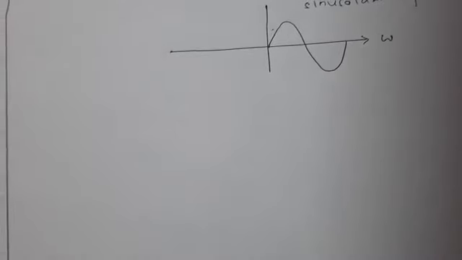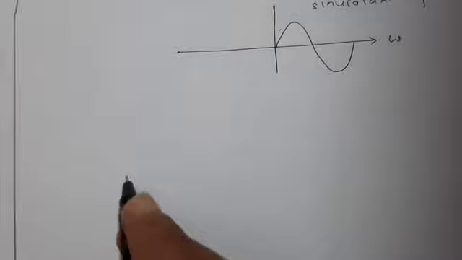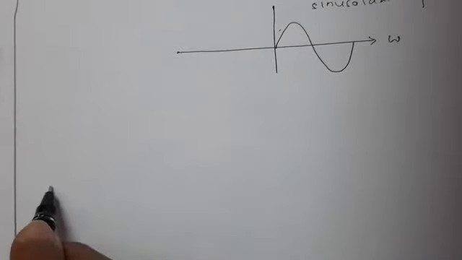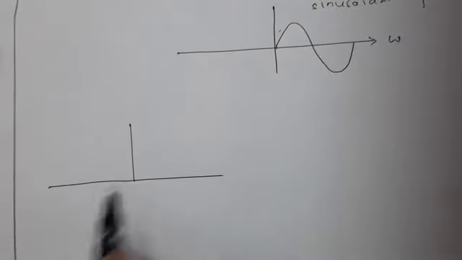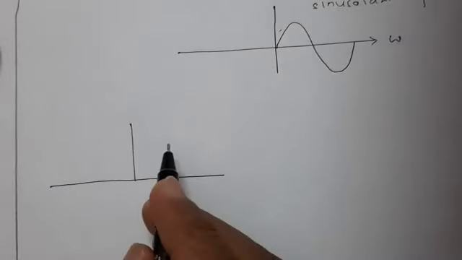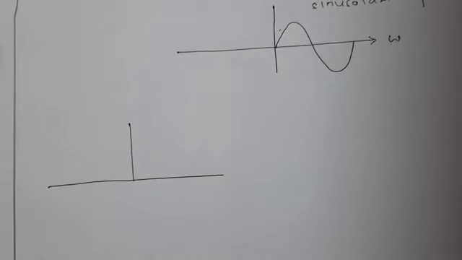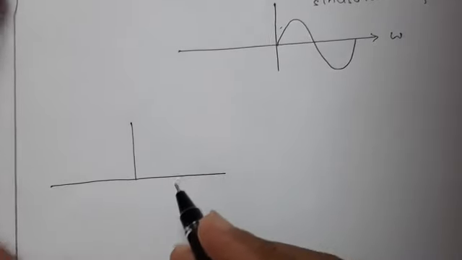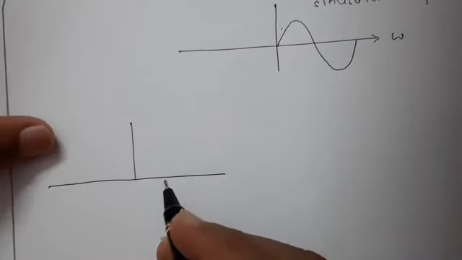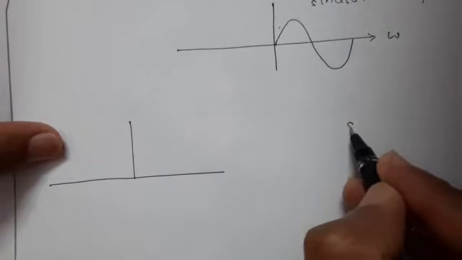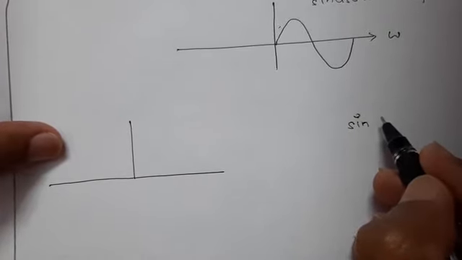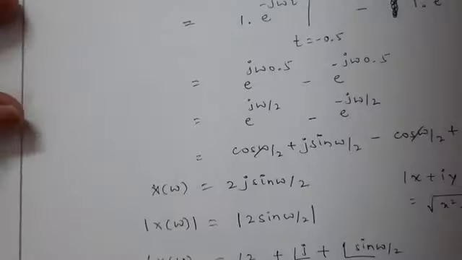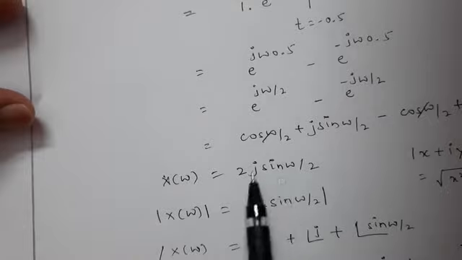Now magnitude. The zero crossings of X of omega you can always find from X of omega, which you have got as 2j sine omega by 2.